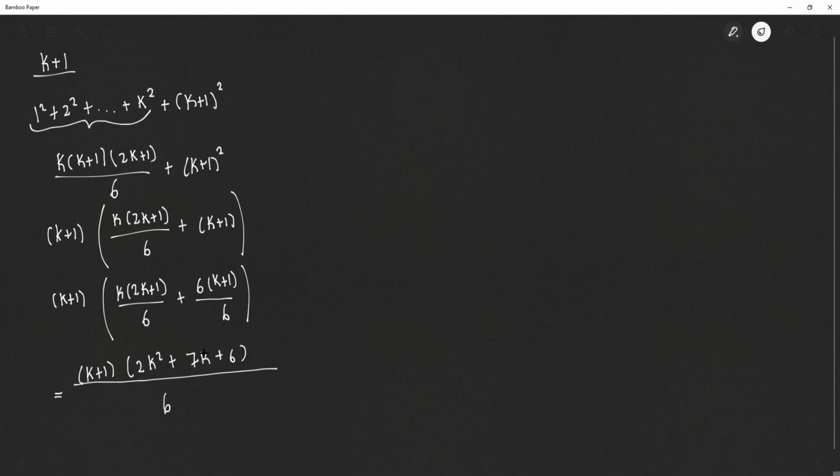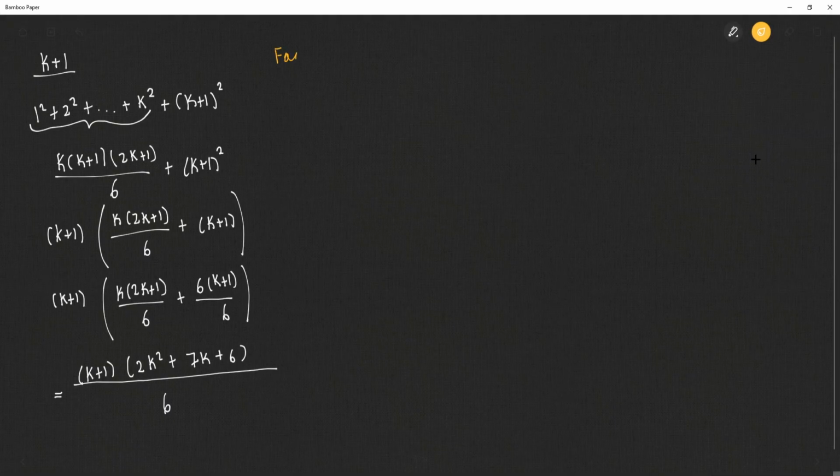Now what we're able to do is simplify our 2k squared plus 7k plus 6. The ways that you could do this is either with the quadratic formula, or you could just factor it. So for us, we're just going to factor it. So I'll make a note.